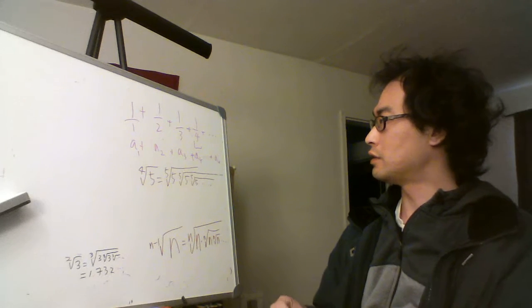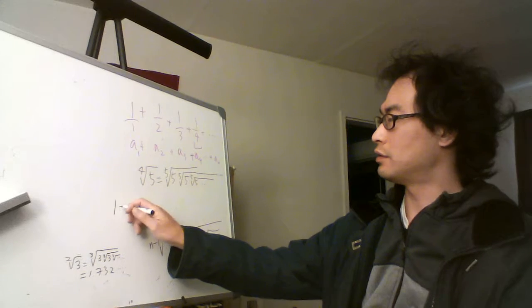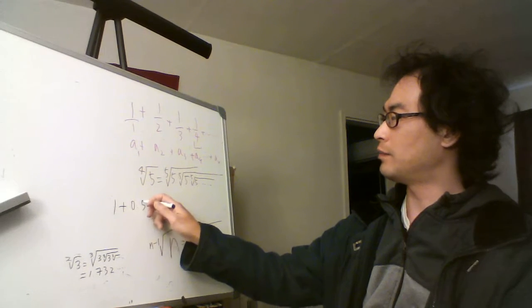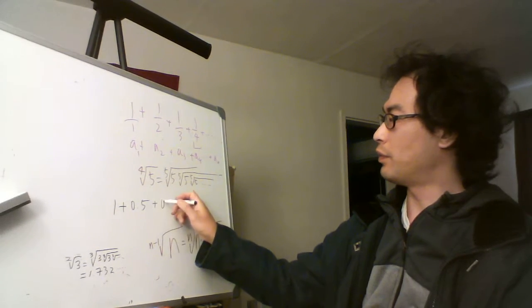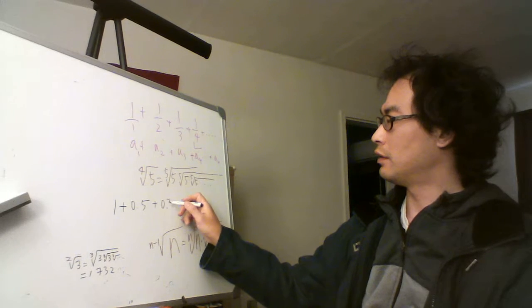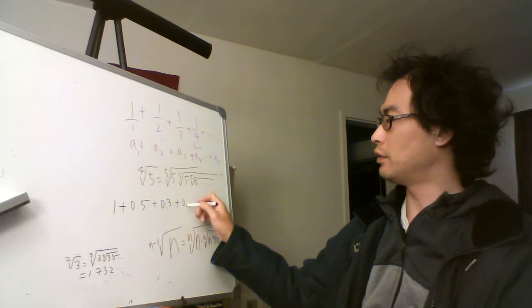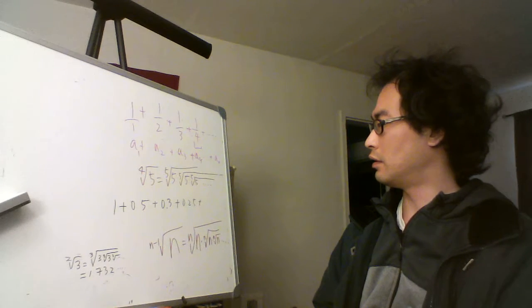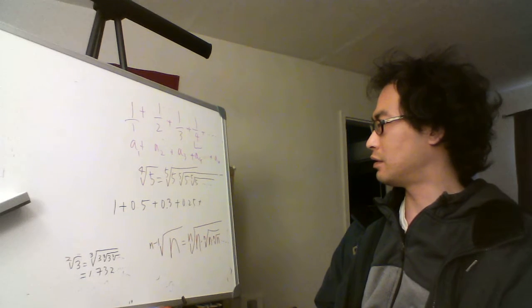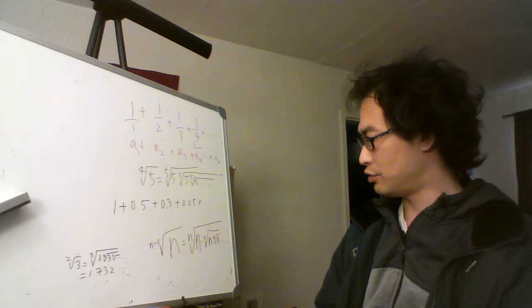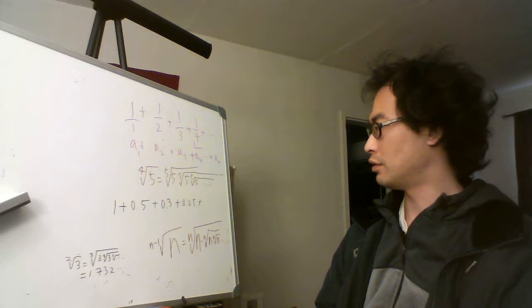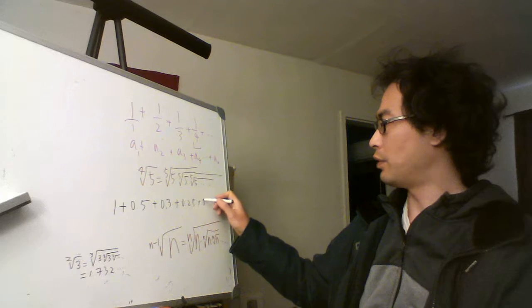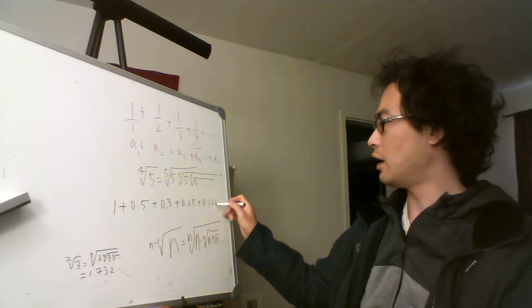So it's like 1 plus 0.5 plus 0.3 plus 0.25, but it does diverge, plus 0.125.